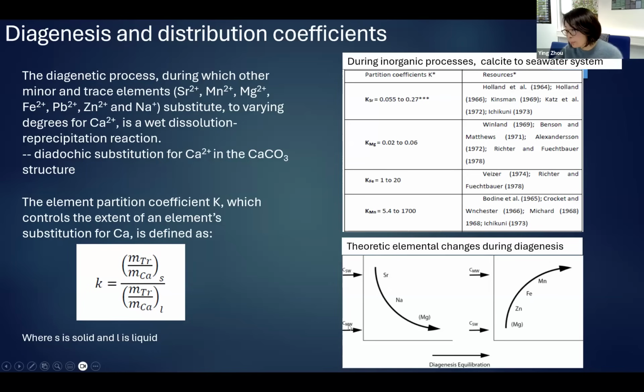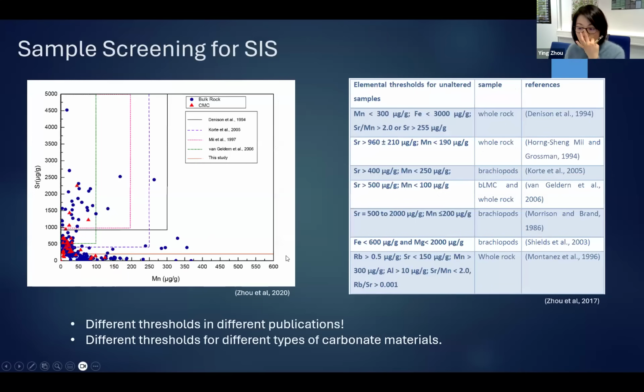When calcite or carbonate that has already formed is exposed to meteoric water, some elements will potentially be lost from the carbonate, and others will increase. Okay, so keep that in mind.